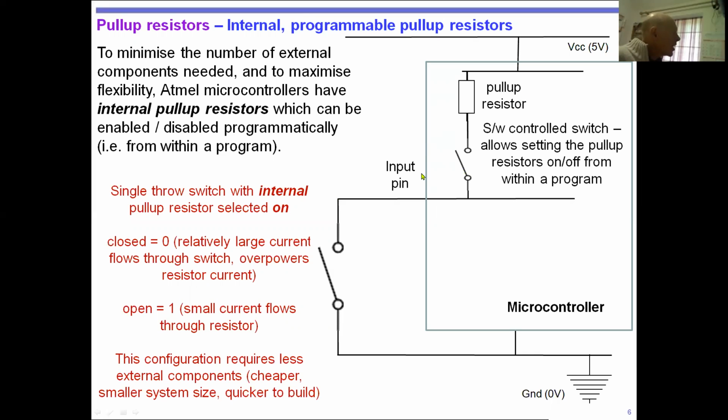It would basically change the value, and things won't work properly. So again, another thing to be aware of: if you're using analog and you find the voltage coming in is not what you expect, have you accidentally set the pull-up resistor? Definitely worth checking, because that would be an example of why your analog system won't work when it should. So these are things to be aware of.